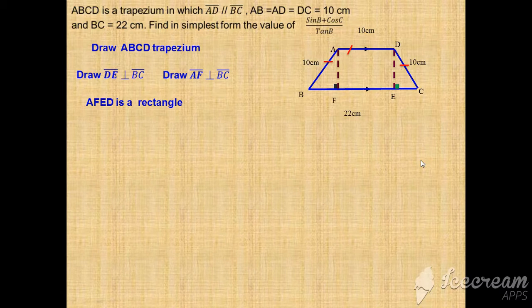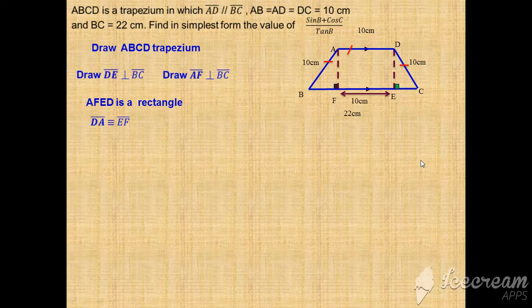Look at the shape AFED. AFED is a rectangle, right? I have each two opposite sides parallel and one right angle, so this shape is a rectangle. Then AD equals EF. That means AD equals 10 centimeters, EF equals 10 centimeters, right?